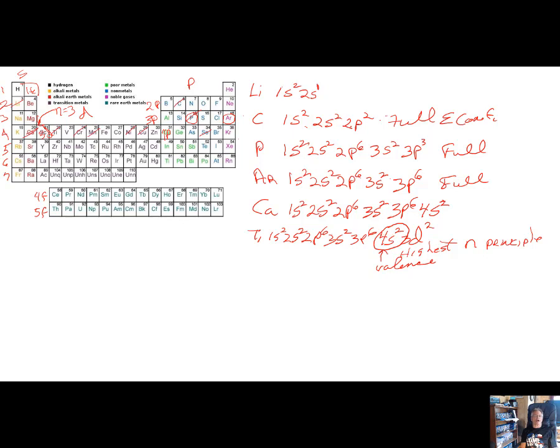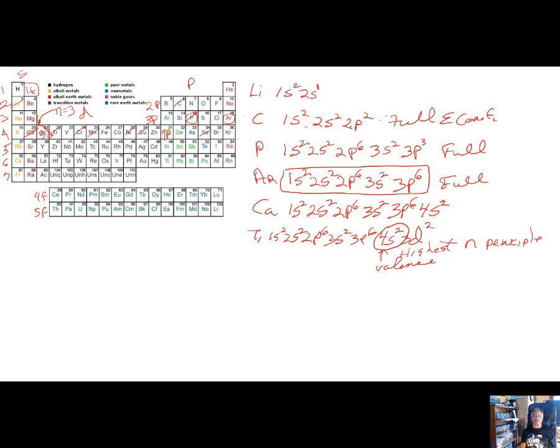All right, so I want to introduce you to a different kind of notation. We call it core notation. First of all, take a look at argon's full electron configuration: 1s2, 2s2, 2p6, 3s2, 3p6.